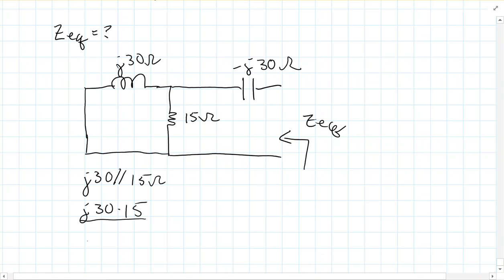You can do the 1 over business, or because it's just simply 2, we can also write it as J30 times 15 over 15 plus J30, which I'll just quickly do that computation here. If I do that computation, I wind up with 12 plus J6 ohms.